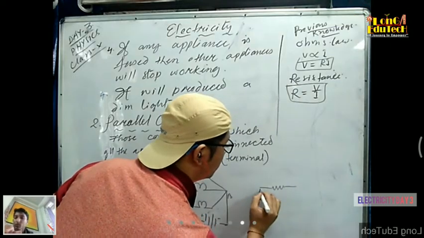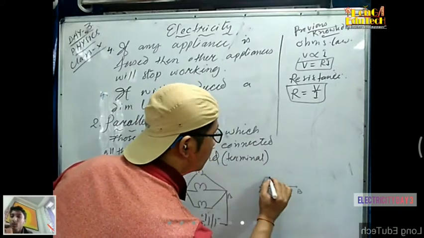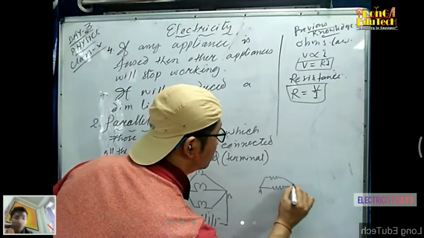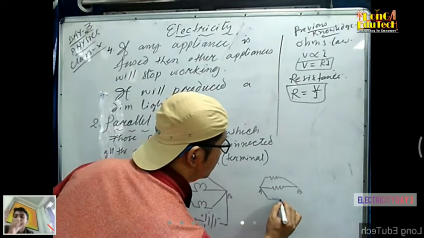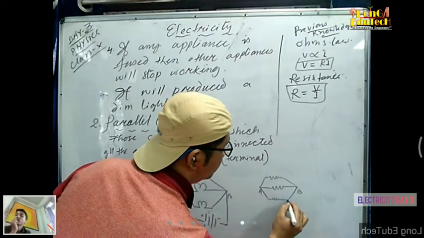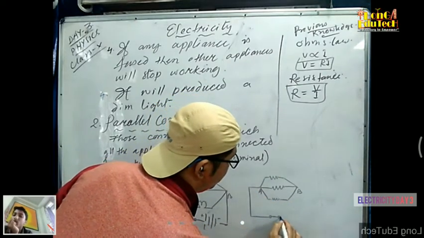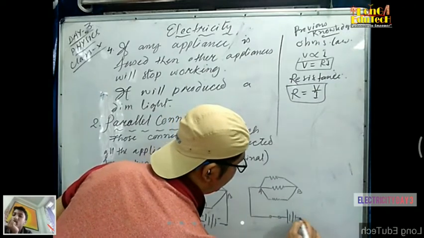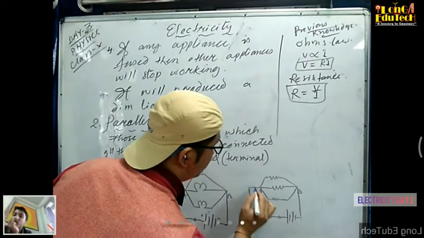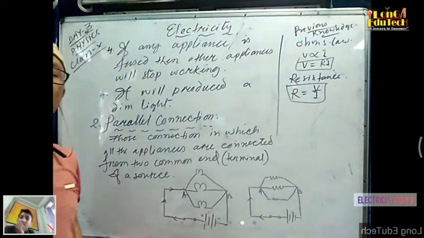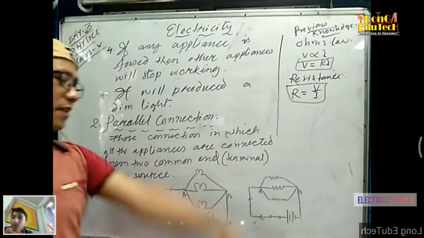This is the common end A, this is the common end B, and from here another resistance comes, and again another resistance, which are connected from this, with the switch in the on position, and current from here. Now this is all about the parallel connection. This is in the form of the bulb I drew here. This is any resistance.